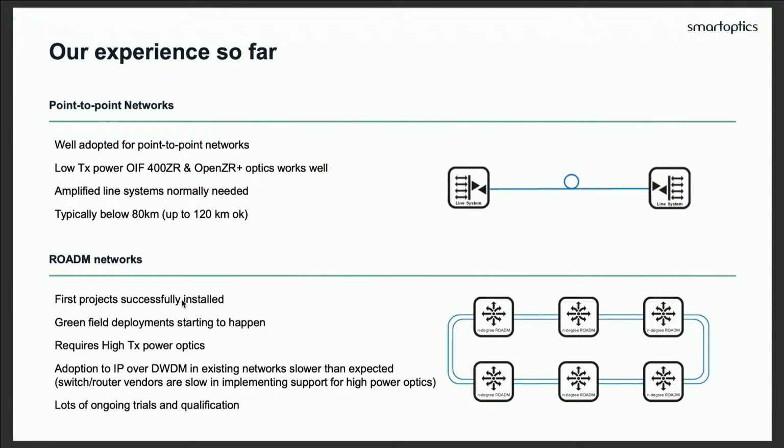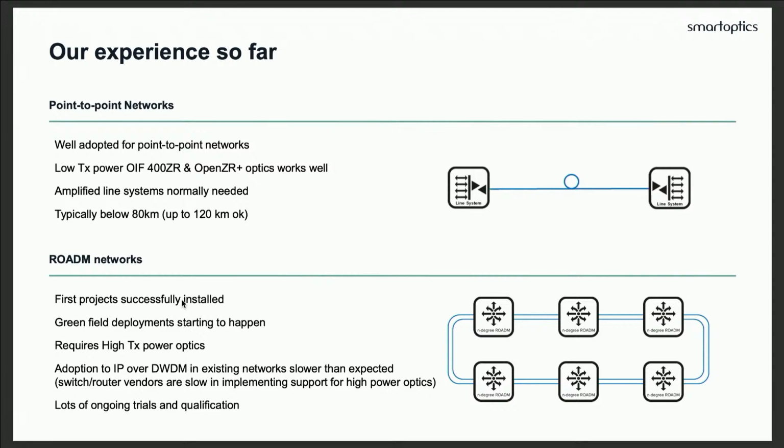The acceptance of ZR and ZR Plus optics in switches and routers is there with most of the big vendors that are providing 400 gig equipment. And amplifiers can solve it if 400 gig ZR Plus optics with high power are not supported yet. In existing ROADM networks, there are the challenges that I already mentioned.